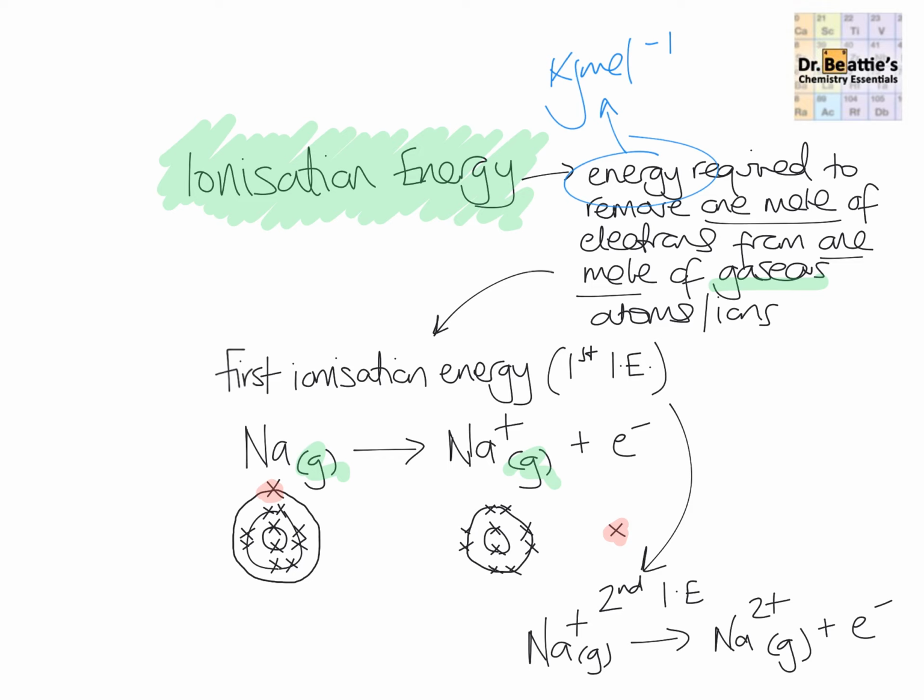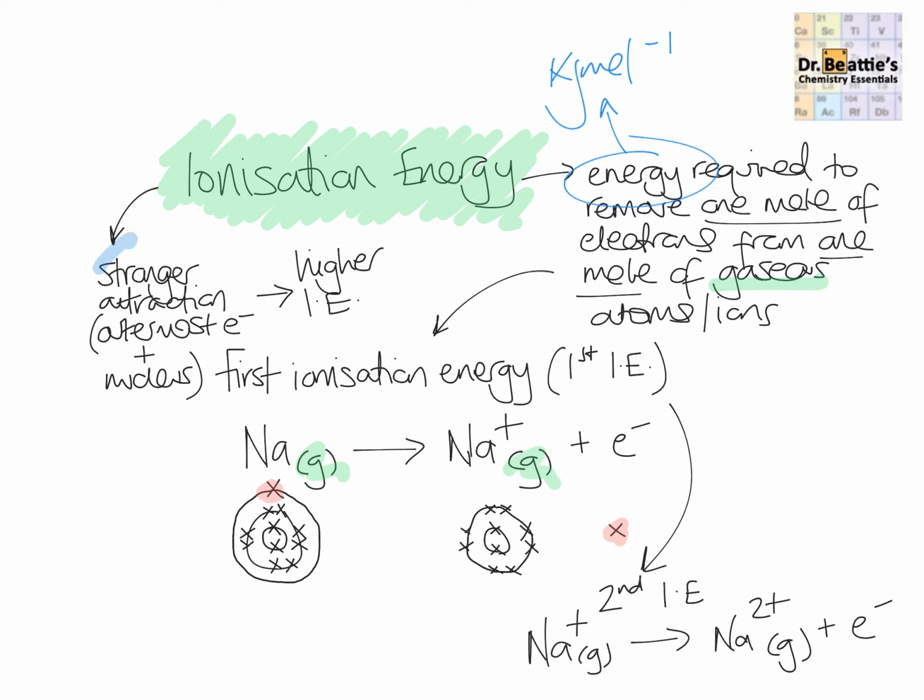Now, focusing back in on our first ionisation energy here, as this will be where we do most of our work, the ease at which this electron here is removed and ionised links to the amount of energy that's required. So if it's more difficult to remove this electron, then we need to provide more energy in terms of its first ionisation energy in order to allow this process to occur.